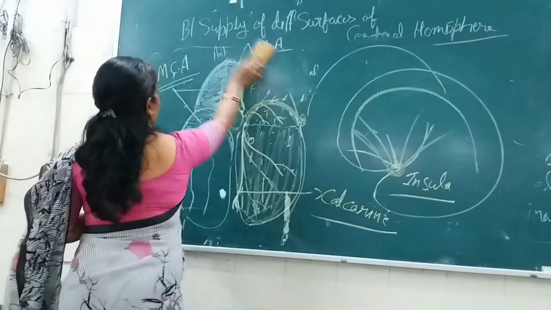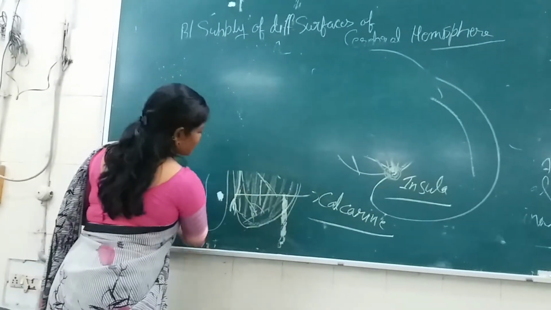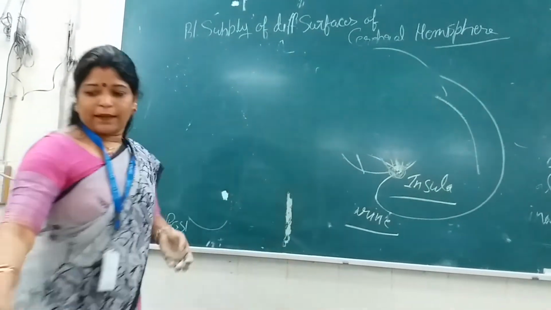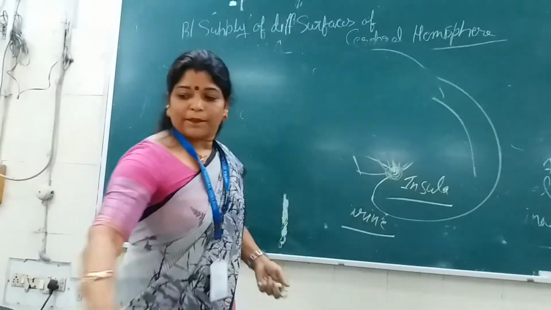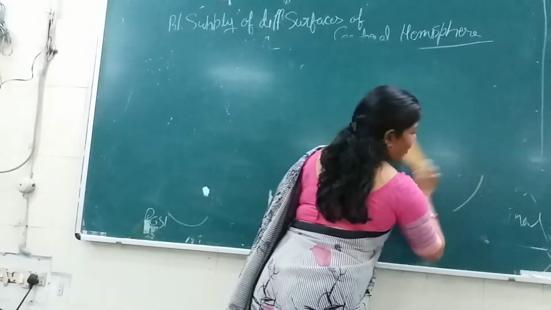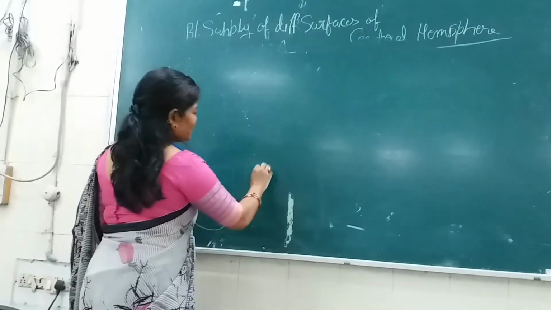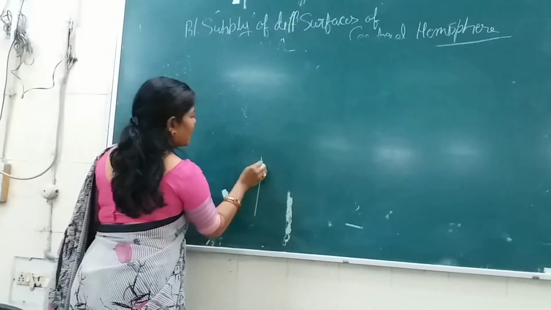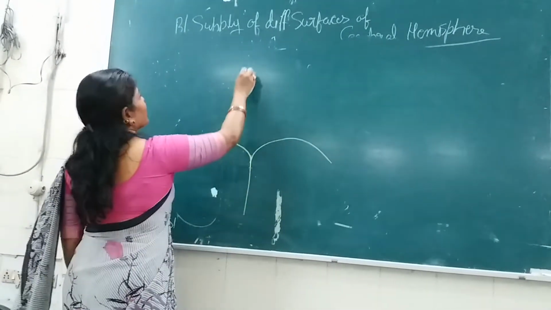So just have a look again at the circle of Willis. Have you remembered the circle of Willis? What were the branches and how is it formed? This is the basilar artery. What is this? Tell me.